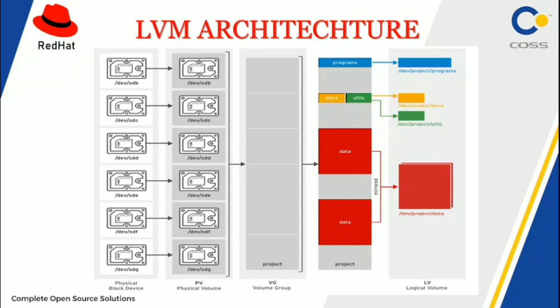The volume group has lots of chunks, and from these we take only some. You can also increase the size by adding some chunks from the volume group to your logical volume. And you can reduce the size by removing chunks from the logical volume back to the volume group, so they are separated. We can easily do it.